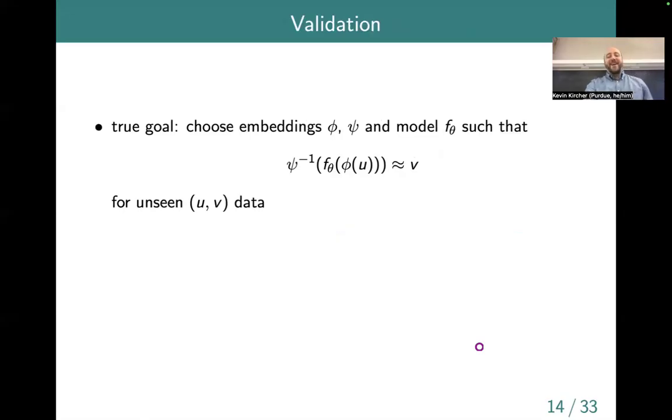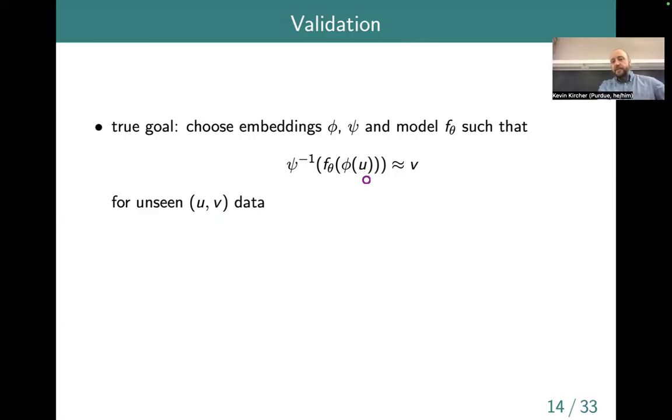Okay, almost to our example, I promise. So again, our true goal is basically to match unseen data well. Sometime in the future, an unseen pair, a raw input, will arrive, and we'll want to predict the raw output. And we want that to be close to the true value here.